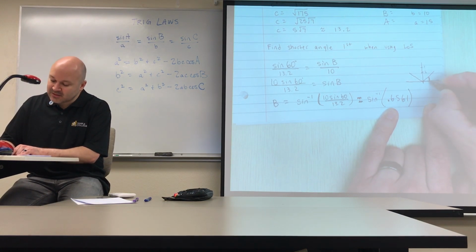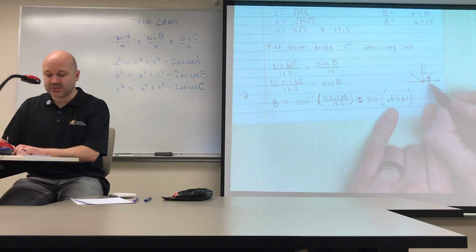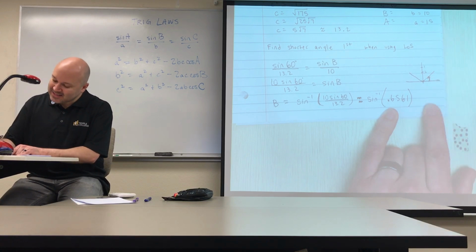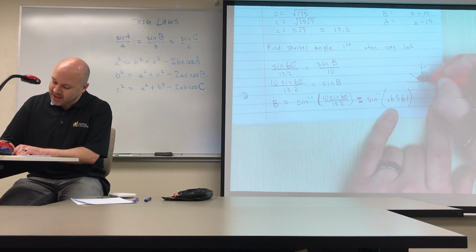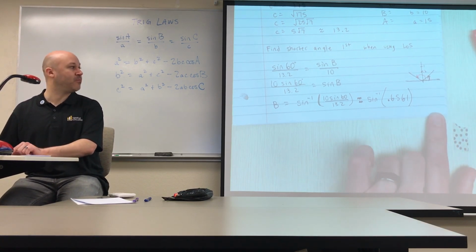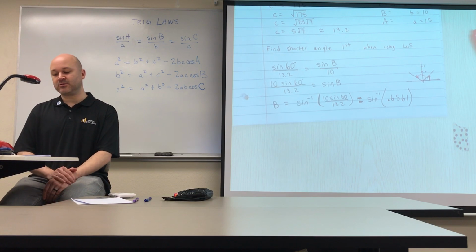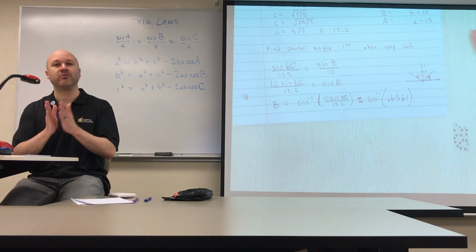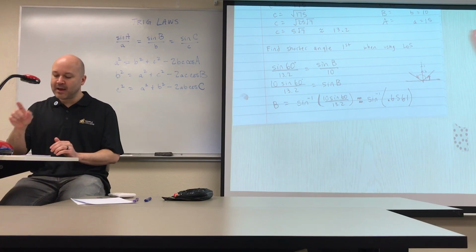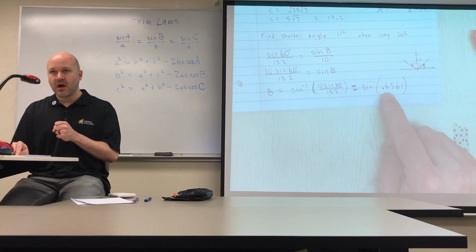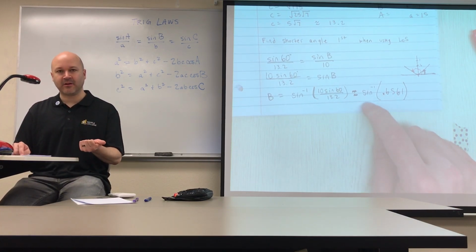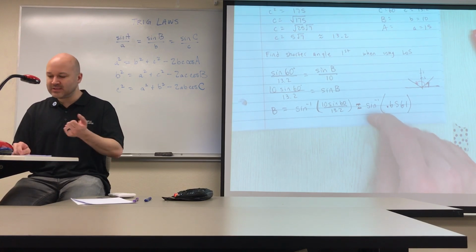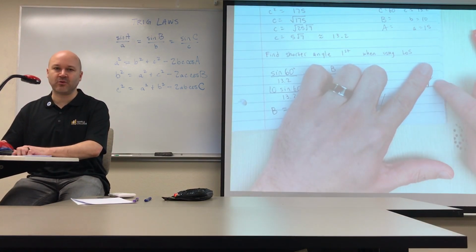So this little angle maps to 0.6, as does this bigger angle. That y value on the unit circle is 0.6. So there's two possible angles: one in quadrant 1 and one in quadrant 2. By putting a 0.6 into the calculator, it's always going to give me the shorter of the two answers.